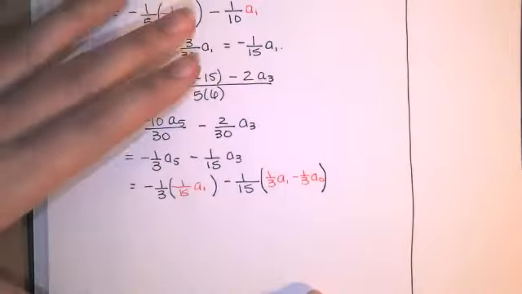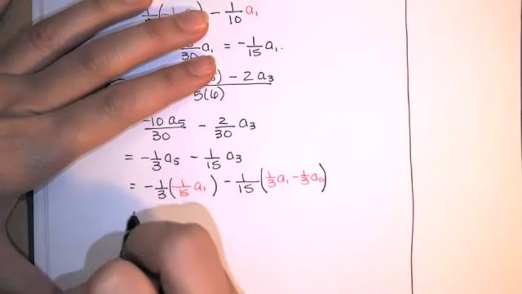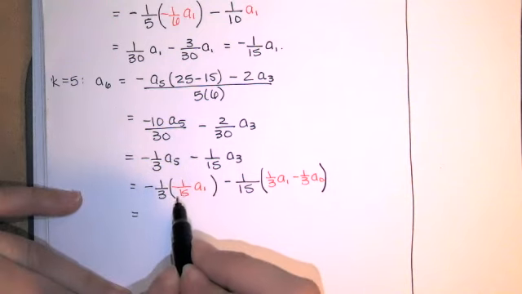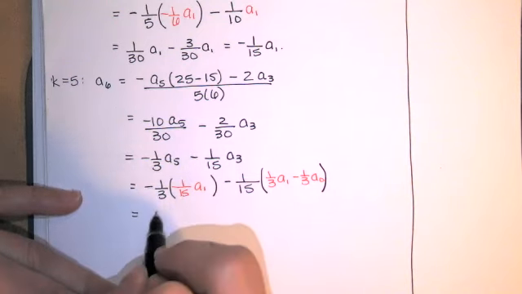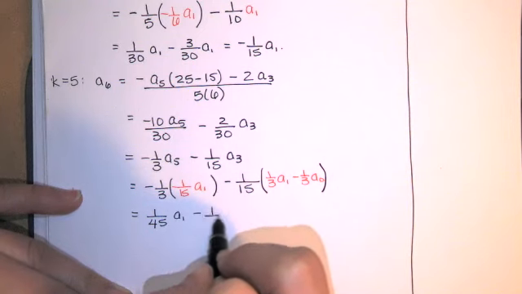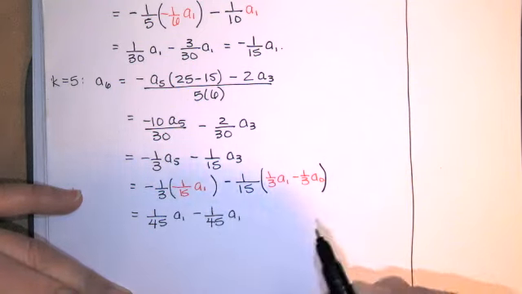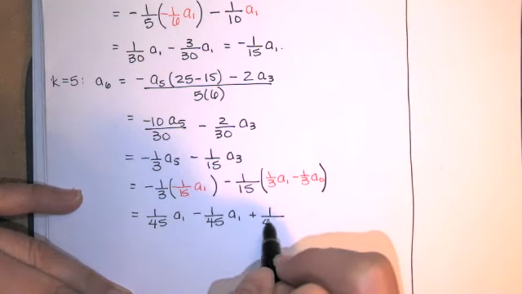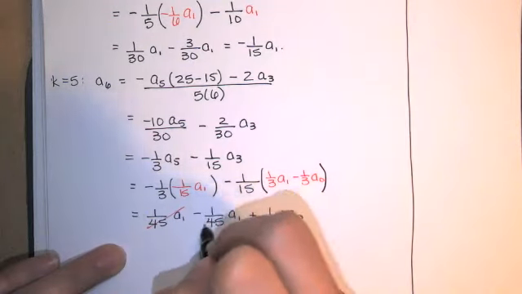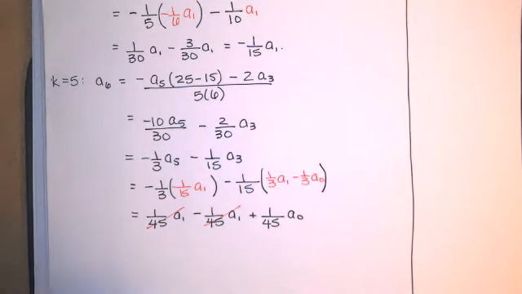Now, if you're wondering to yourself, when do we get to stop? I'll get to that in just a moment. Let's simplify this. This is a negative 1/15. So it's going to be a positive 1 over 45 times a sub 1 minus 1 over 45 times a sub 1 plus 1 over 45 times a sub 0. And these guys happen to reduce. And so we get this.